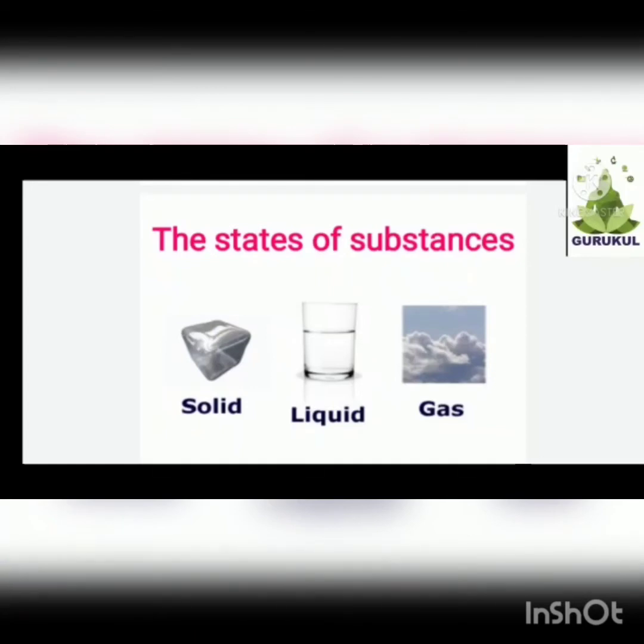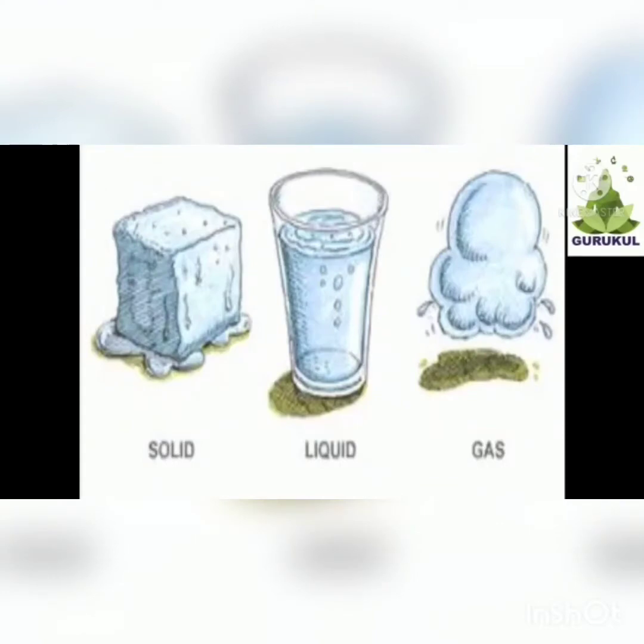So let's start. You know, water is found in nature in 3 states. Water is the only substance which is found in our nature in 3 states. Okay. So which are those? First one, solid. It means what? Ice.